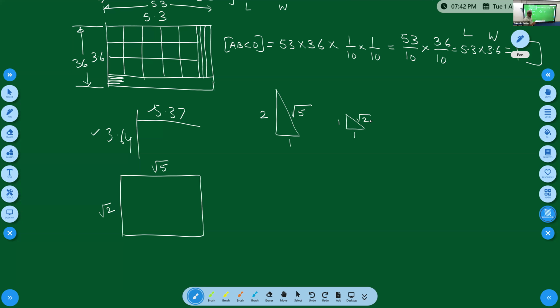So we can draw a segment having length root 2. But then it will be ambiguous to say that area of this rectangle is root 10. Because if we start following the procedure, then root 5 and root 2 both are very difficult numbers. We will be in trouble.